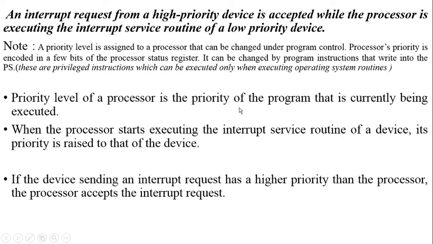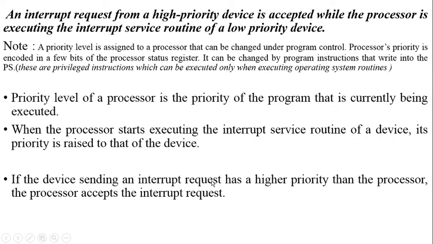Priority level of a processor. The processor's priority is always a changing value and it is always associated with the priority of the program that is currently being executed. When the processor starts executing the interrupt service routine of a device, its priority is raised to that of the device.